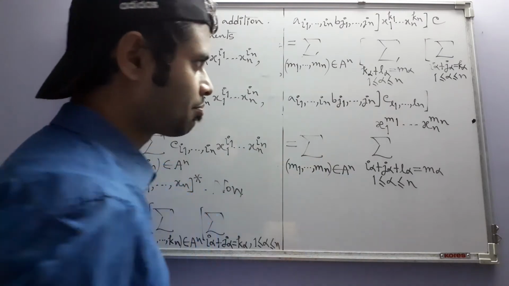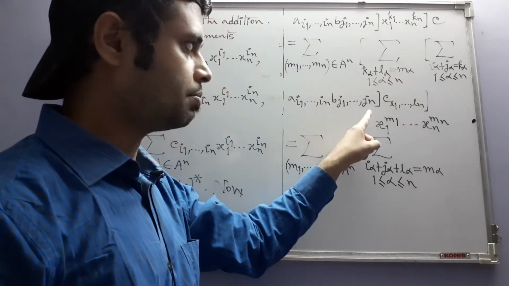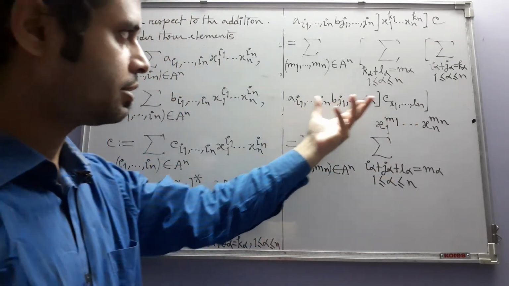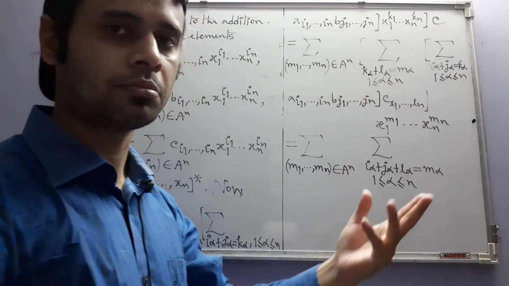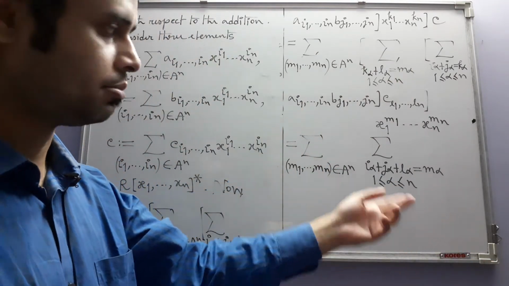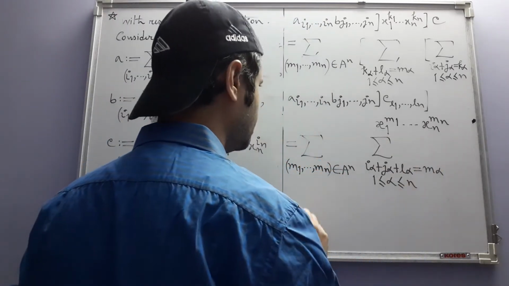We can apply the distributive law in R. Note that this is a sum and outside we have this C, so we can multiply each term of this innermost sum by that C, and we can write the sum, and its terms look like this.